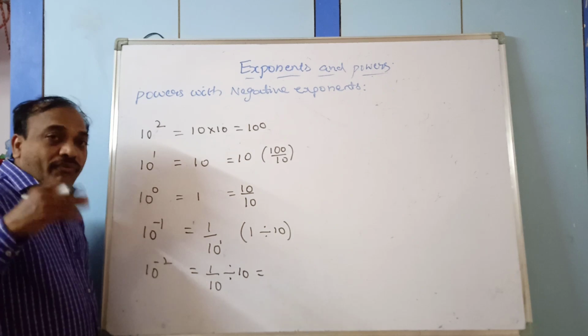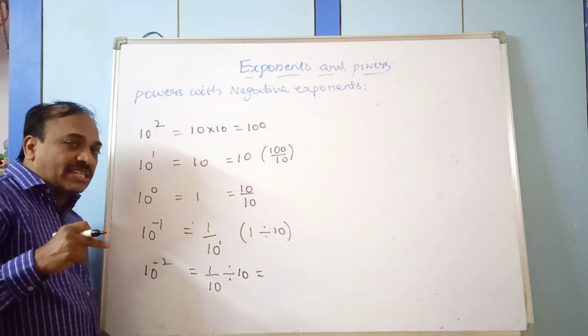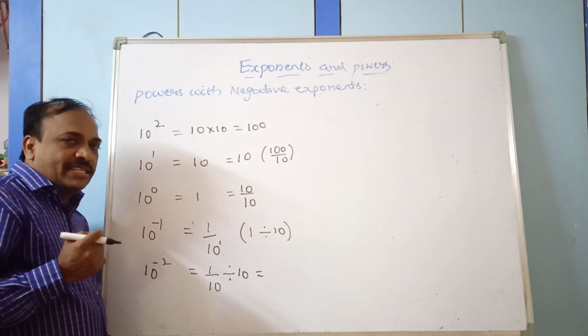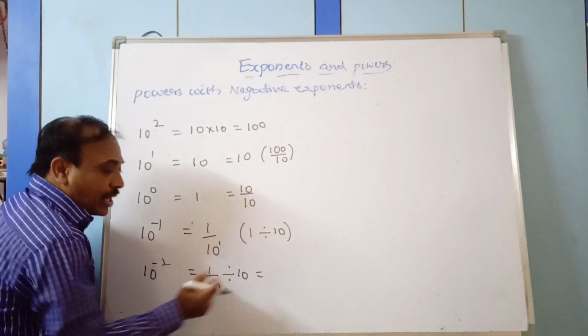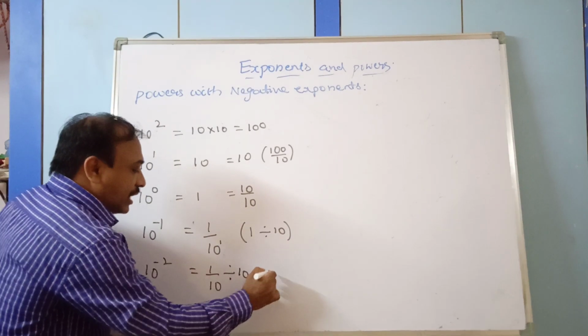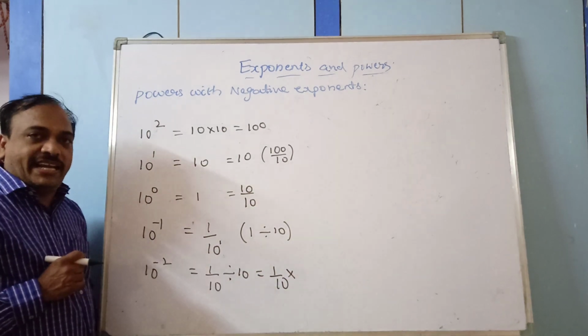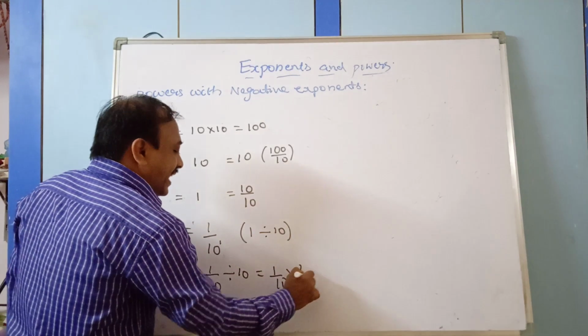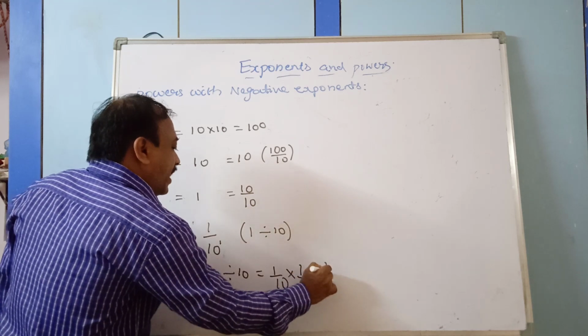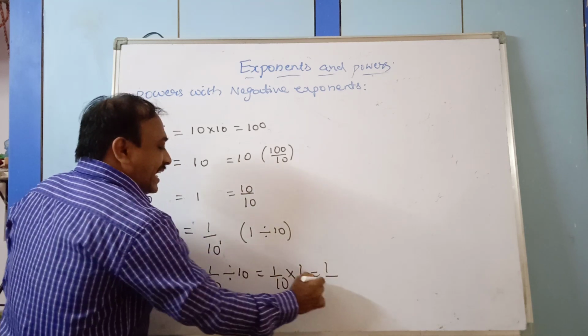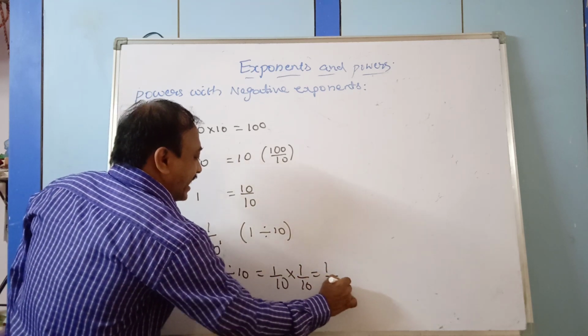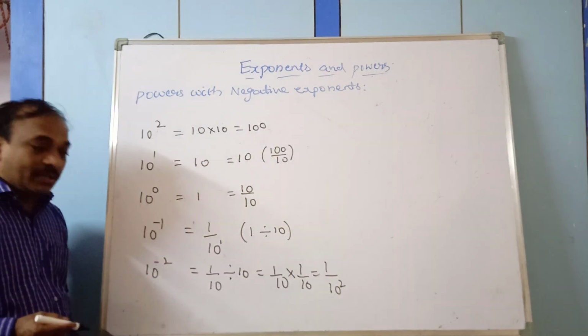We learned in the previous class, in fractions, that for division of fractions you have to take the reciprocal. So 1 by 10 into the reciprocal of 10, again 1 by 10, which will be 1 into 1, 1. 10 tens are 100, which is nothing but 10 power 2.